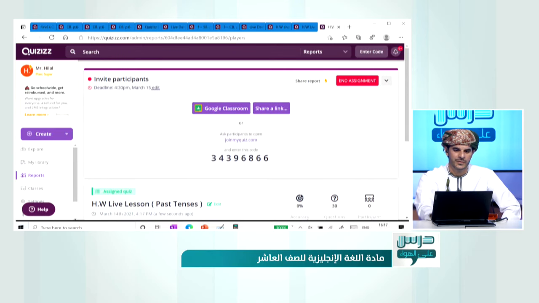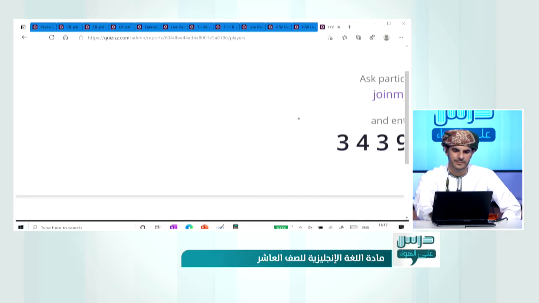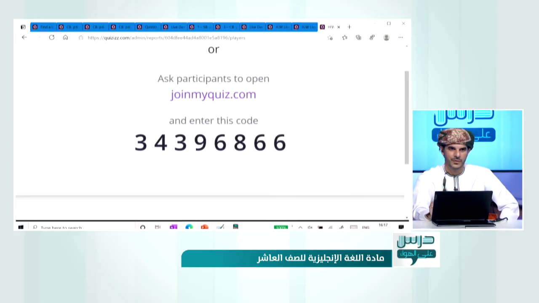Okay, use this code. This is your homework. Please quickly take a screenshot. You can do it later on. It will not take much time from you, a few minutes. It's about past tenses, 30 questions of past tenses: past simple, past continuous, past perfect, and I think past perfect continuous.